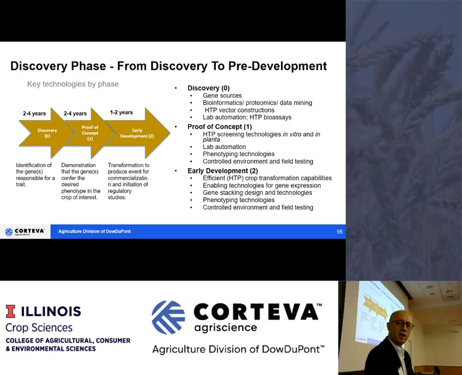And so high efficiency, high throughput transformation capabilities are a must at this point, because even though the numbers by this stage have reduced considerably, the number of leads at these stages are still large.